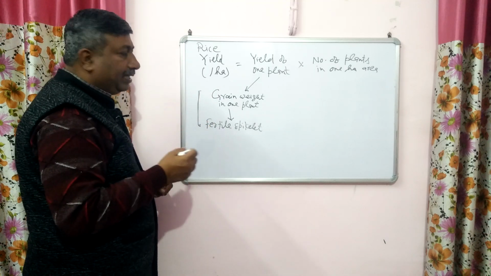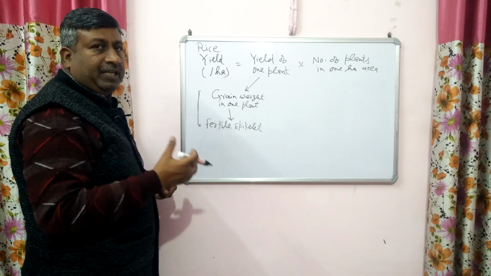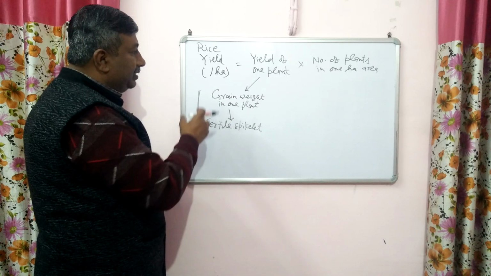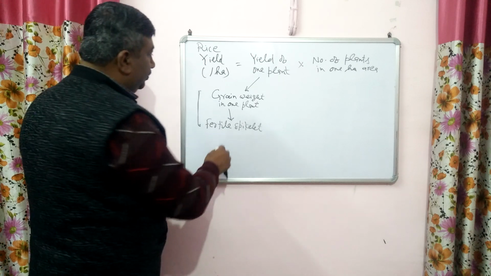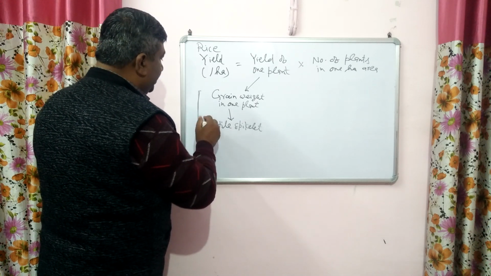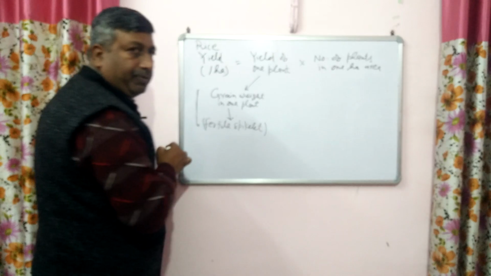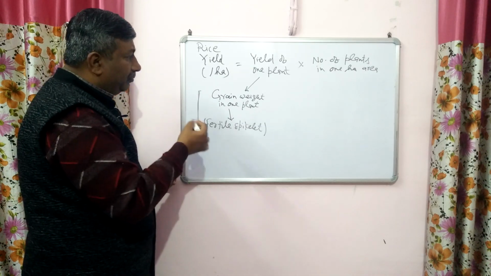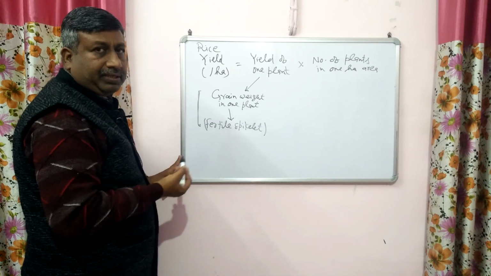In a spikelet there is a grain. Suppose there are 50 fertile spikelets, it means there are 50 grains. So we have to determine this fertile spikelet weight. Once we know the grain weight, then we can calculate.